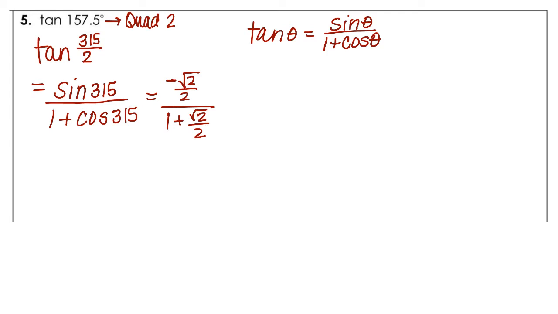And to reduce this down a little bit, let's multiply the top and bottom by 2 to get rid of some of the fractions. And so the 2's are going to cancel here on the top. So I get negative root 2 over, and here distribute this, so I'm going to get 2 plus root 2. And we can stop there and let that be our answer.